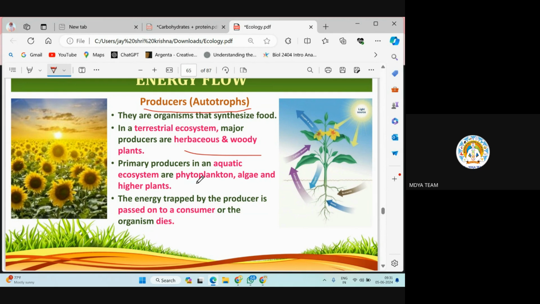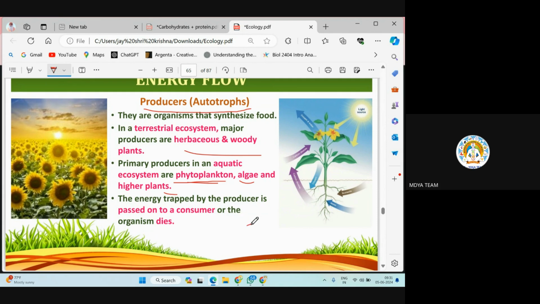Plants cannot grow in the sea. So in aquatic ecosystems, some phytoplankton, algae, and some plants are producing food. Some special plants that can survive in water are producing food. Mostly in aquatic ecosystems, the food production is done by these phytoplanktons.